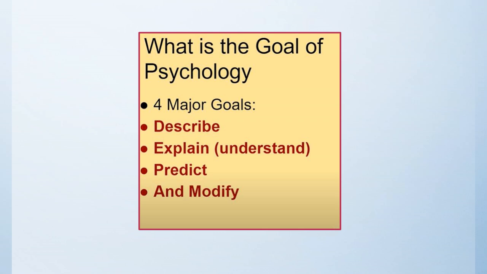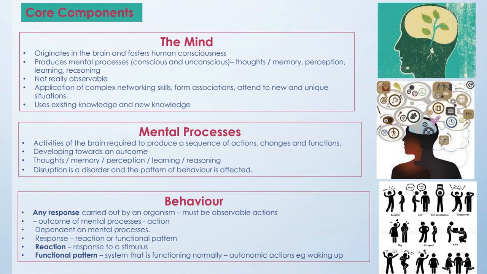We can use that to predict, if we think about it in terms of a behavior, what might happen thereafter, and allow us the opportunity to modify, okay, so that the behavior can be changed. So our main goals are to describe, explain, and to be able to predict, which is what research does. It allows us to predict certain things, and then to work around modifying. So those are the major goals.